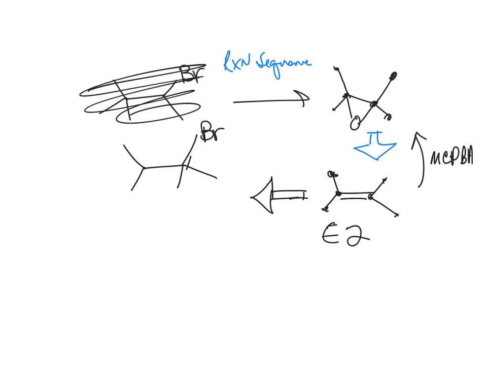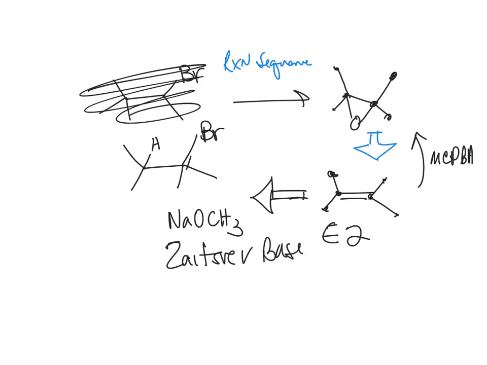And now you need to be thinking E2, and you see that this is the more substituted, so you can just use a Zaitsev base. So you just need a strong base, not a Hofmann base. And this base will basically come here, deprotonate that hydrogen, and that's how you get your alkene, and then MCPBA. So when you see that, you can see that B is your option.